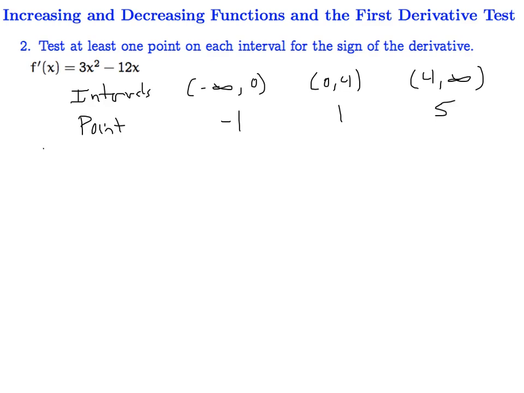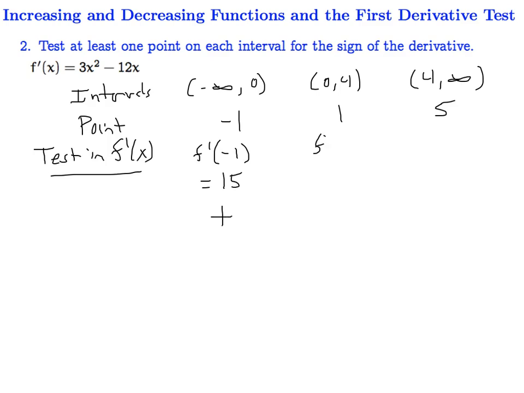And now what you want to do is test them in the derivative. Because if you put this number in, and depending on if it's positive or negative, that tells you what your function's doing. So we perform our test in f prime of x. So now I take f prime of negative 1. I run through my arithmetic, and I find out that this is going to be 15, so that's a positive number.